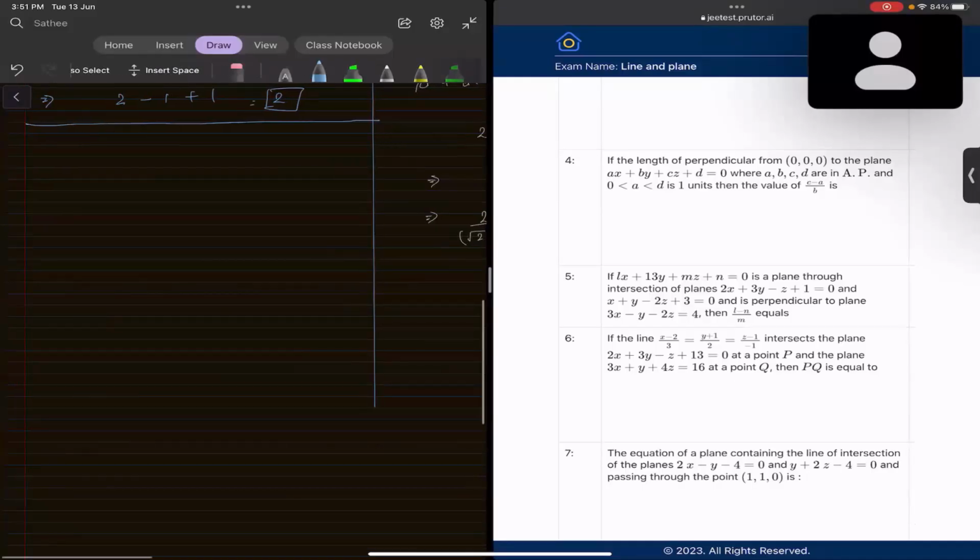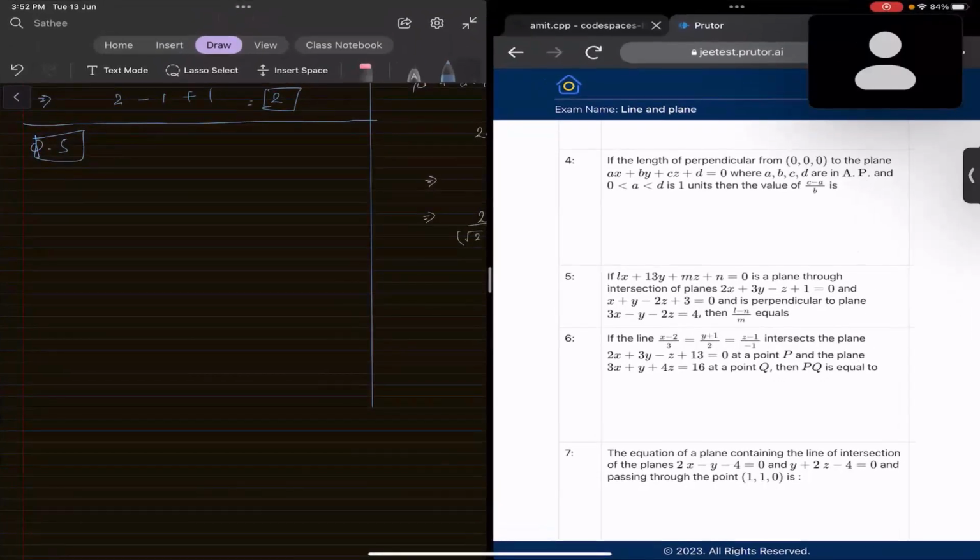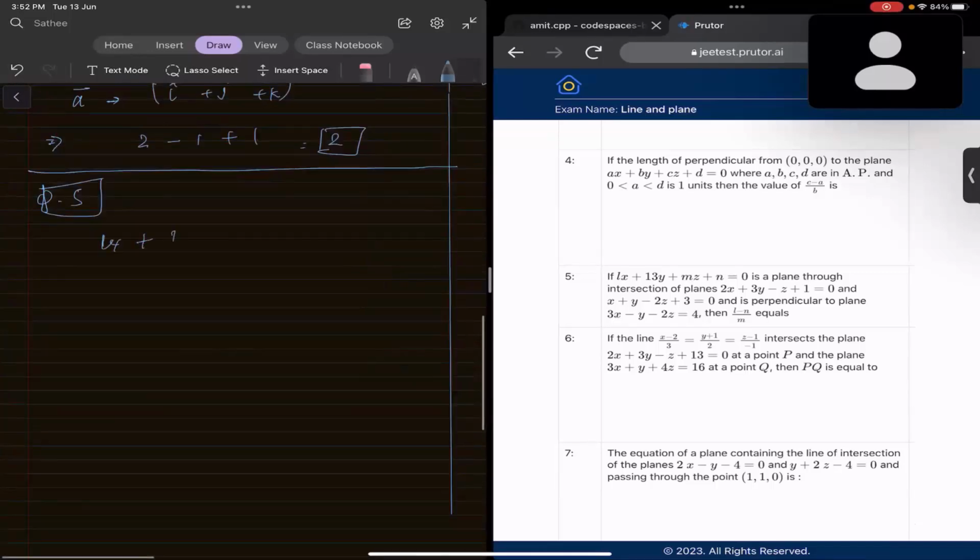So next, if we go to question number 5, here you are given the plane lx plus 13y plus mz plus n equal to 0. This is passing through the intersection of these two planes and is perpendicular to the given plane.